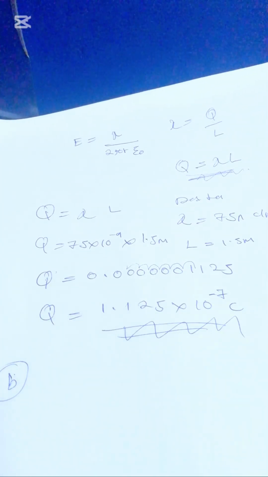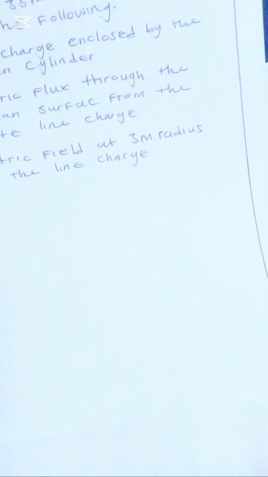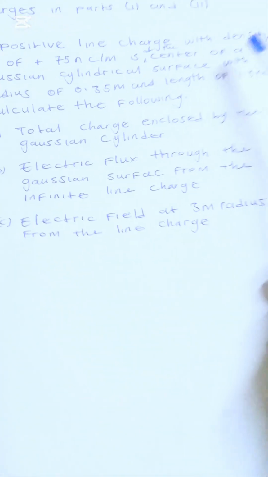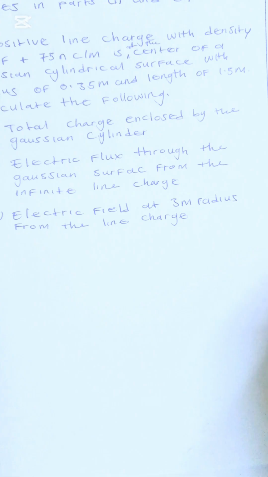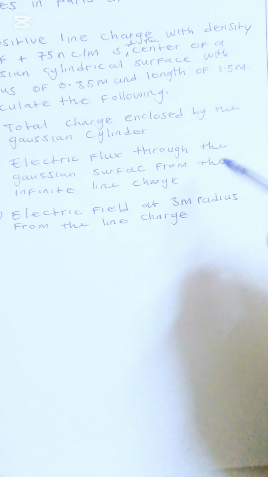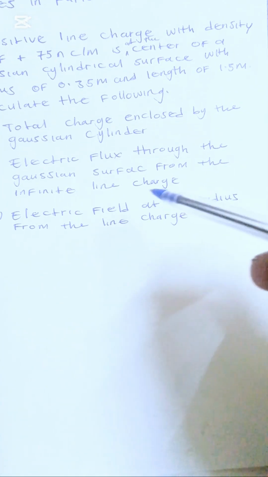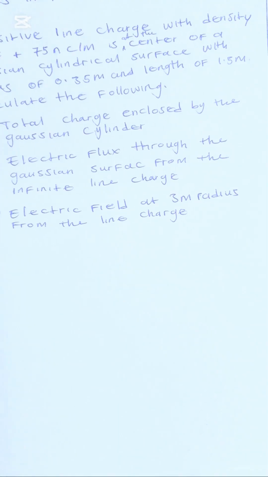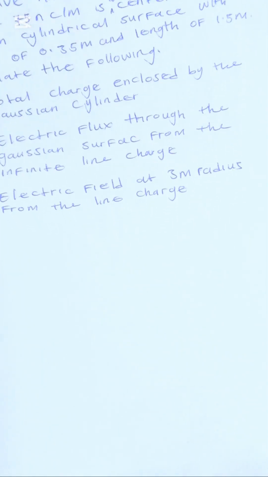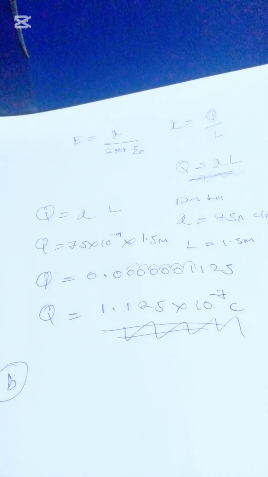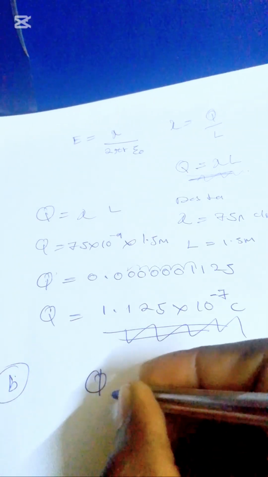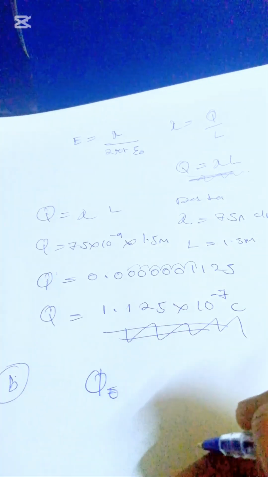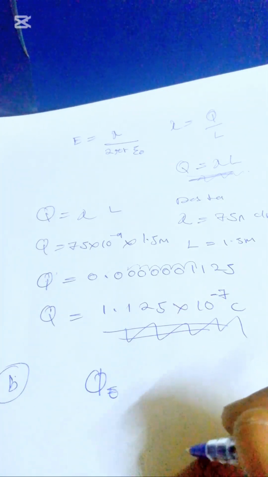So let's go to B. In B, they're asking us to find the electric flux through the Gaussian surface from the infinite line charge. So we are going to apply the formula for electric flux by applying Gauss law.